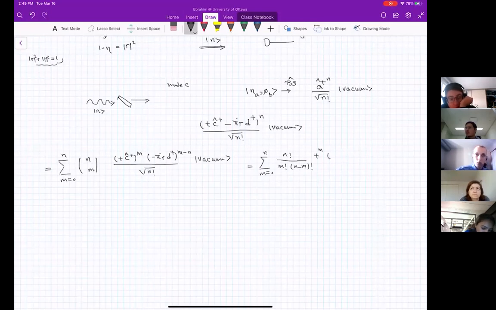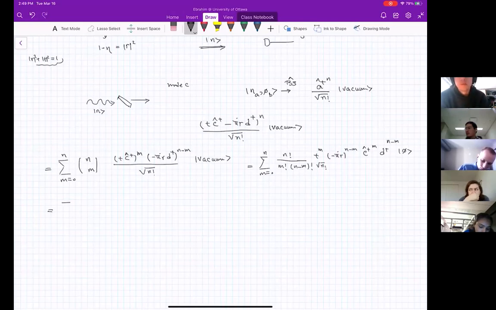The second one I have minus IR to the power of, sorry, that should be n minus m. Then I have a creation operator for mode C to the power of m, creation operator for mode D to the power of n minus m, acting on 0, which is vacuum. Then the result will be divided by square root of n factorial, of course.